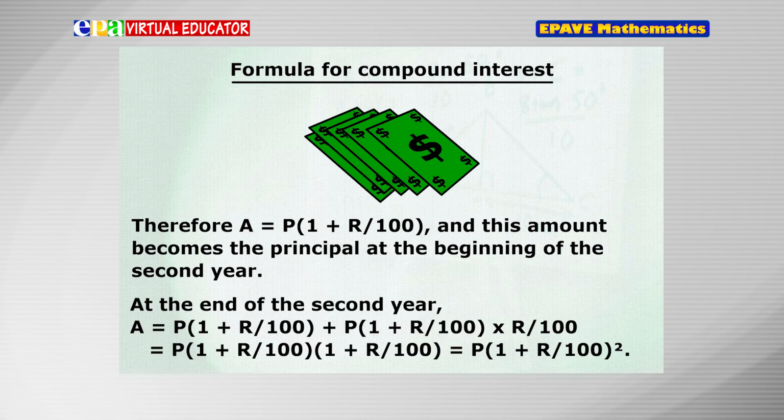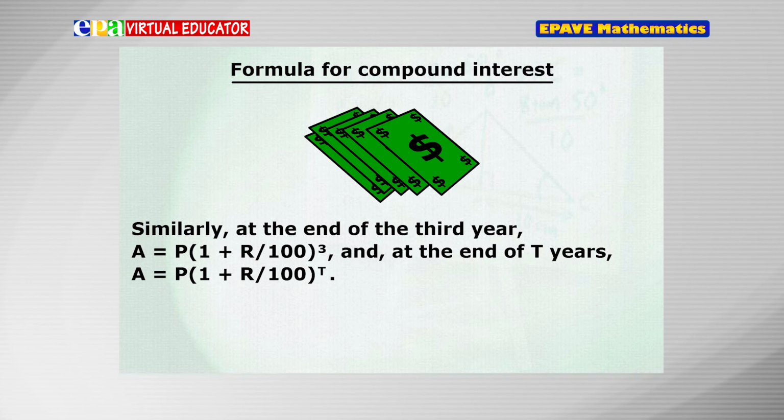At the end of the second year, A equals P multiplied by 1 plus R divided by 100, plus R% of this same value. This gives P multiplied by 1 plus R divided by 100 squared.